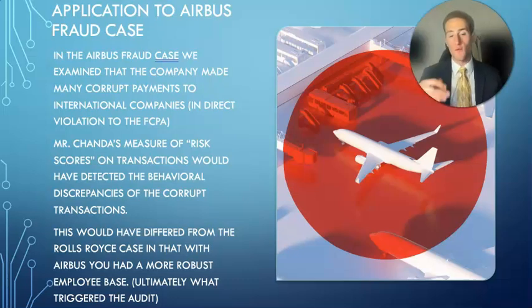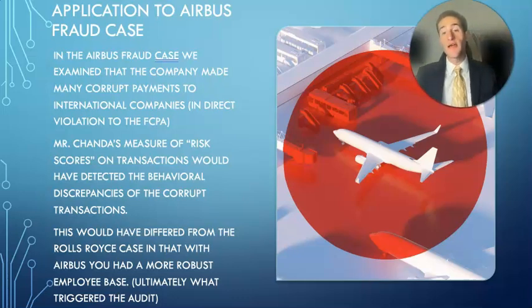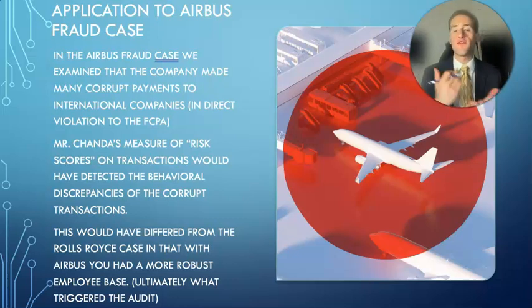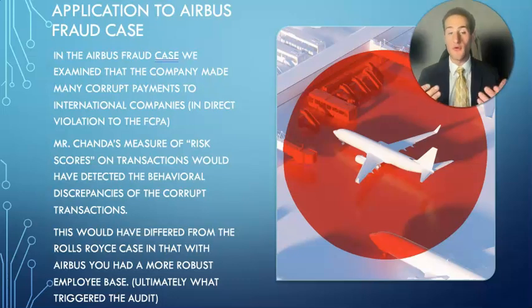In this way, if we used Mr. Chanda's risk score, we'd be able to identify that the transactions being sent out and made in furtherance of corruption, of bribery, would have been flagged, if not for the policy level, if not for the statistical level, definitely for the behavioral level of the risk score. And this way we could have detected it sooner.